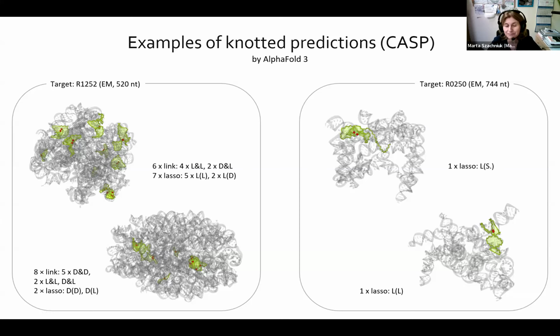So not a big problem, not a big issue. And we can have a structure which has like 500 nucleotides, but it's got quite a lot of entanglements of different types, so lassos and interlaces of any type.